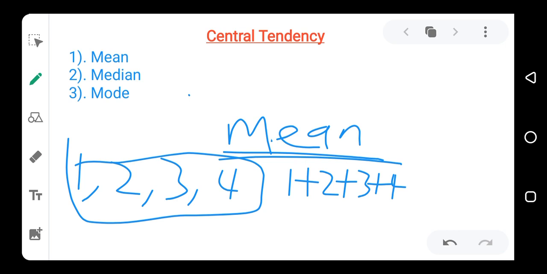So we are going to say 1 plus 2 plus 3 plus 4. Now the occurrence is we have 1, we have 2, we have 3, we have 4. So they occur 4 times. So we have 4 values we are working with.